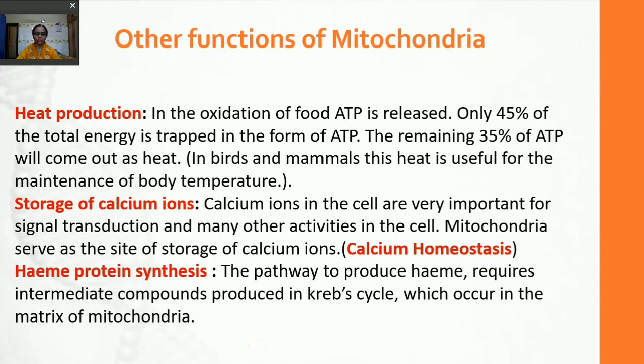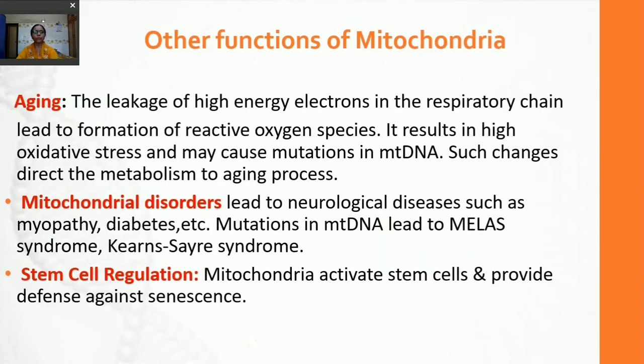Heme protein synthesis. The pathway to produce heme requires intermediate compounds produced in Krebs cycle, which occur in the matrix of mitochondria. Other functions, aging, that is senescence. The leakage of high energy electrons in the respiratory chain lead to formation of reactive oxygen species. It results in high oxidative stress and may cause mutations in mitochondrial DNA.